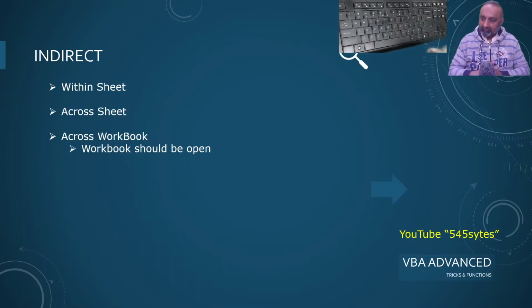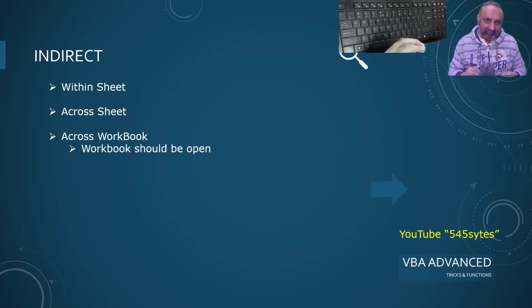So far what we have discussed is that indirect can be used within a sheet, across sheets and across workbooks. But the limitation was that the workbook should be open so that indirect can work.